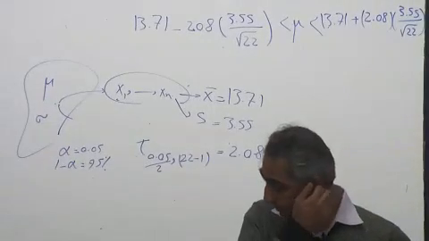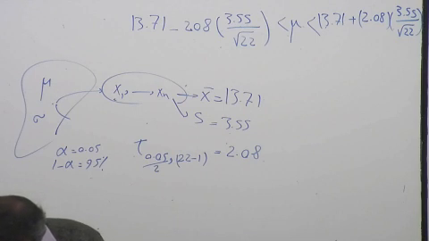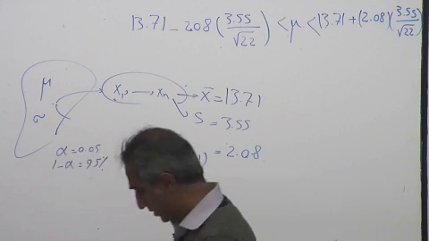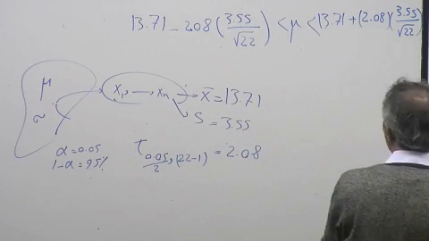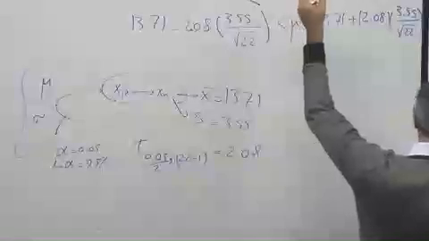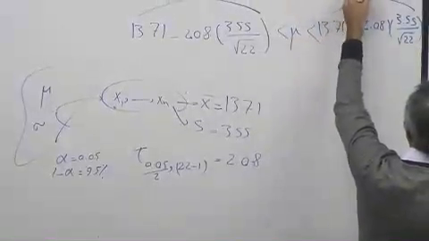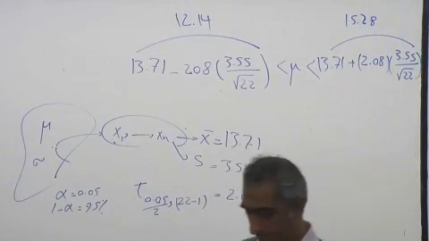Easily. Let me see if I have the numbers here in this example. Yes. 12.14 is the lower bound, and 15.28 is the other one.